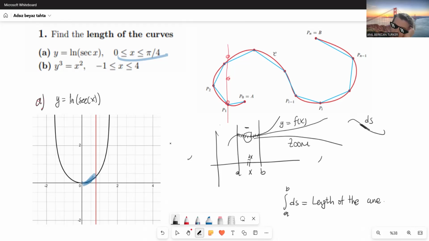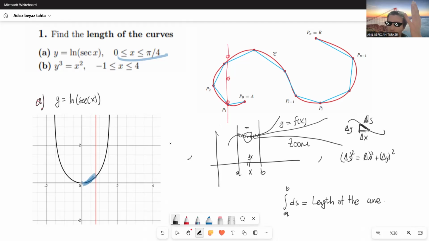But this has a slope, and it has parts dx and dy. Let us call them delta x, delta y. Delta s squared is equal to delta x squared plus delta y squared.